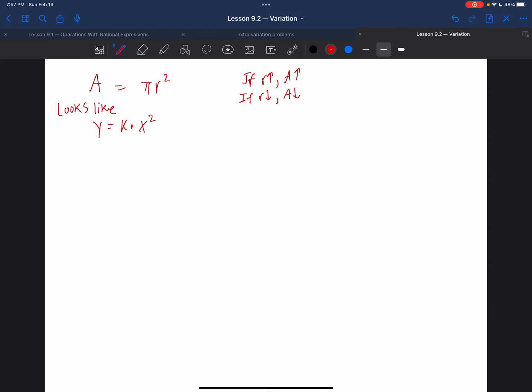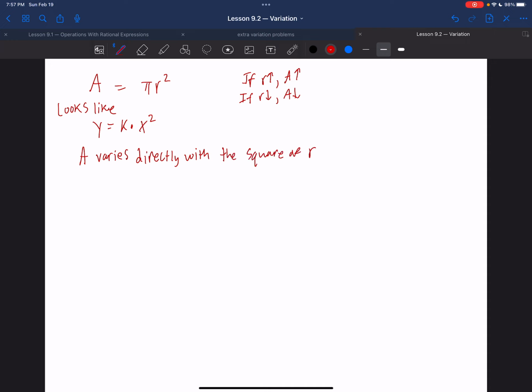So I will write this as a verbal description. A varies directly with not r squared, but the square of r.